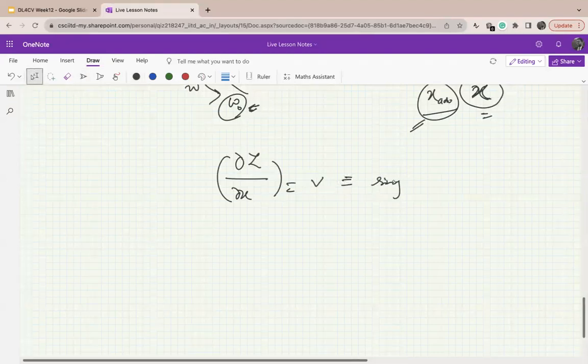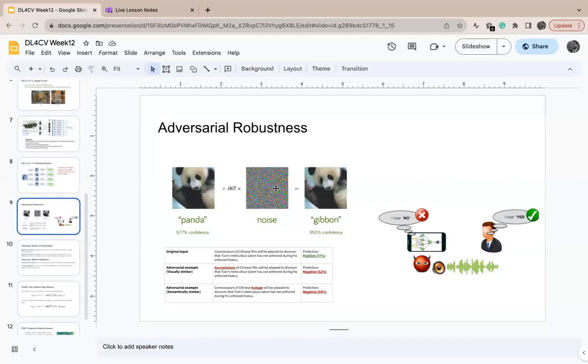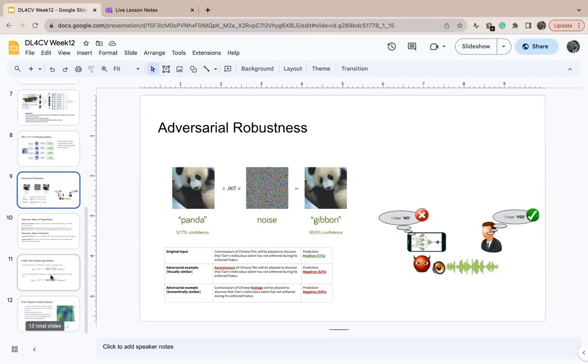Is it positive? Is it negative? You grab that, and this is the sign of the gradient. You multiply it with a small amount, epsilon, that is 0.007, which is very small, and you'll get the adversarial noise. You add this adversarial noise to the image, and you'll get the target image, and that is called the adversarial image.